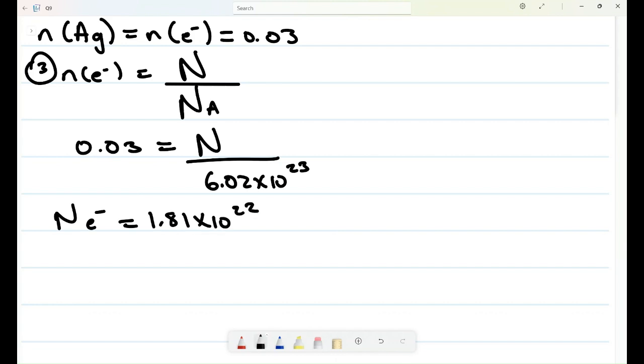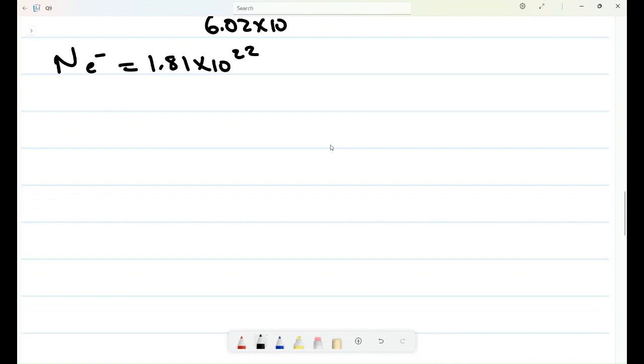Okay, now that I have that, the number of electrons is equal to Q divided by e, or you can just use N.